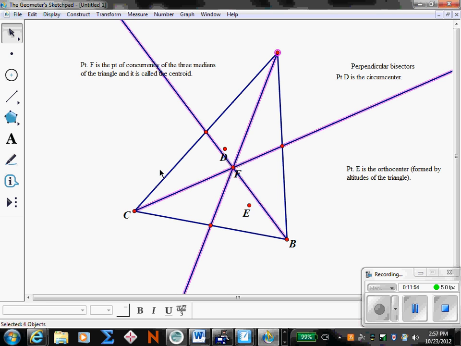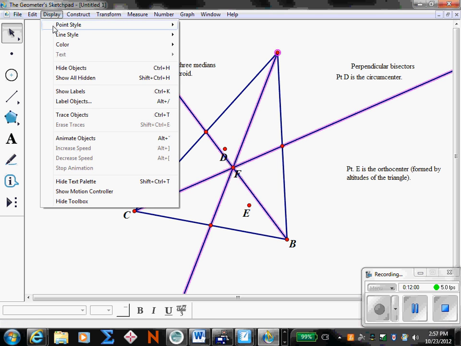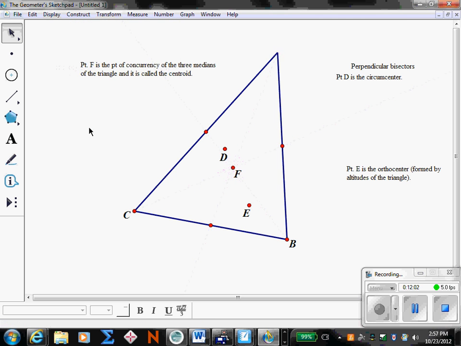If I put the in-center back in here, the angle bisectors, which I think I will do, I'm going to hide the medians. And I am going to make the in-center. So I'm going to bisect my angles. Uh-oh, I hit point A. Oh, well.